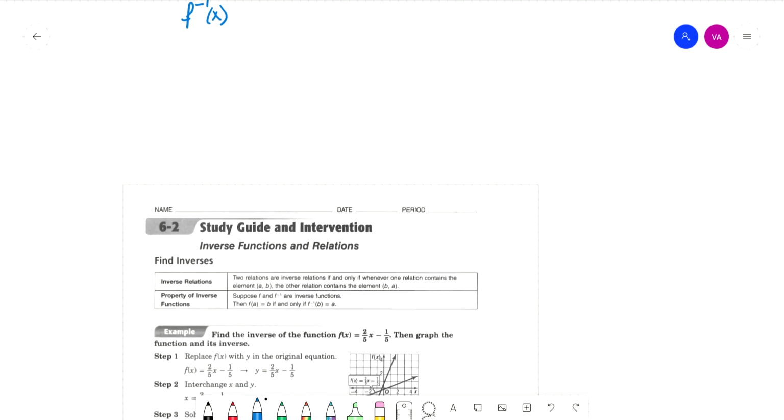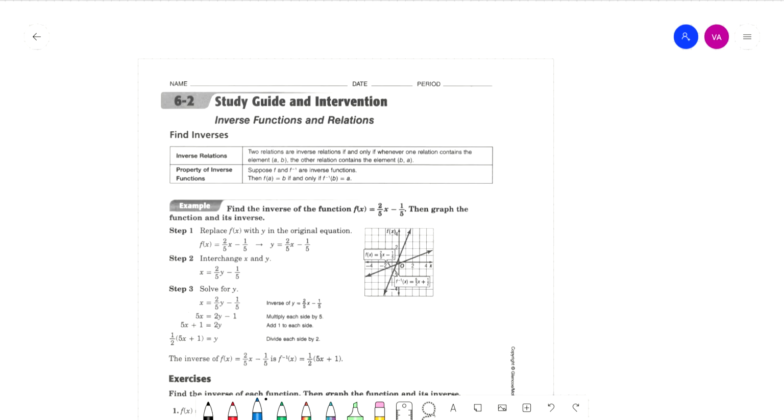So given a function, how do we find the inverse function? We are going to follow 3 steps. Our first step is replacing f of x with y. Our second step is going to be interchange x and y, and our third step will be solve for y, and then we are done. We have an example here.